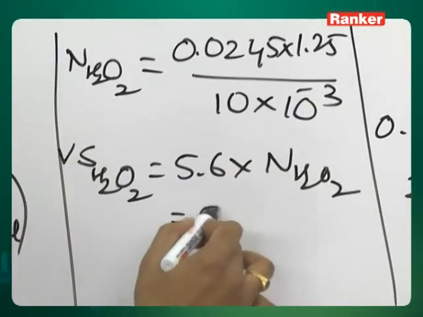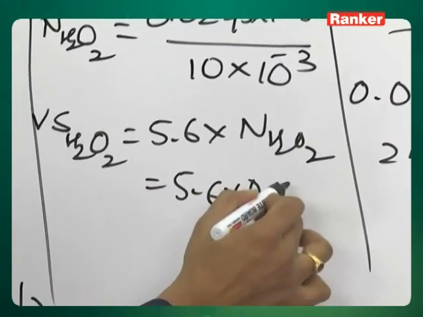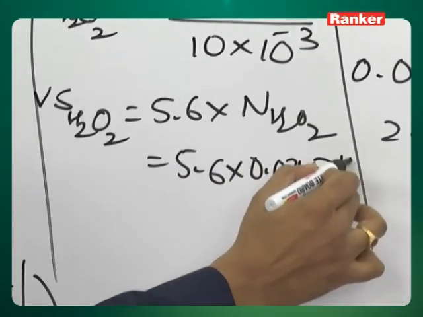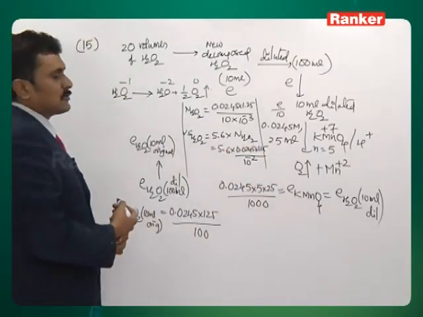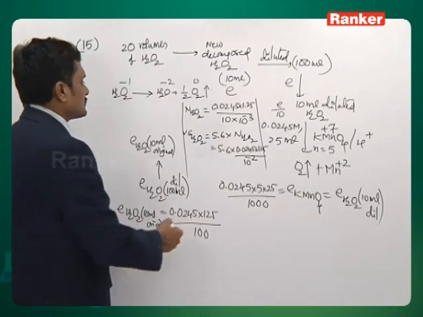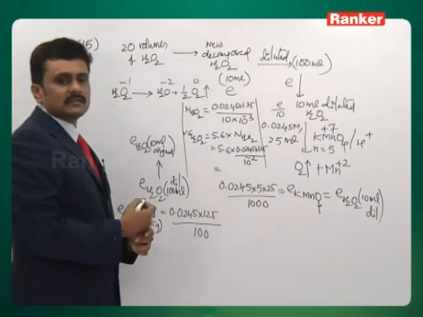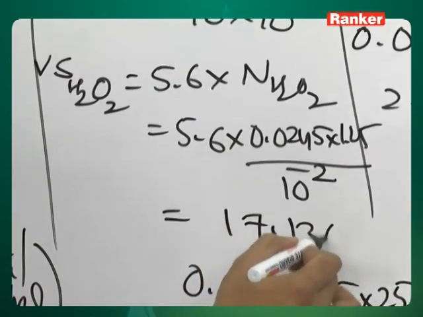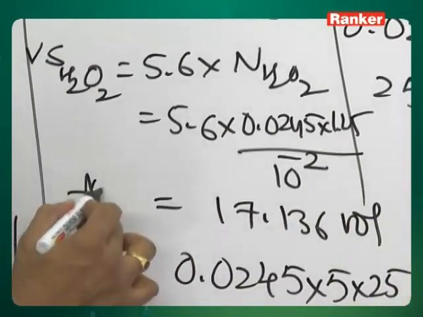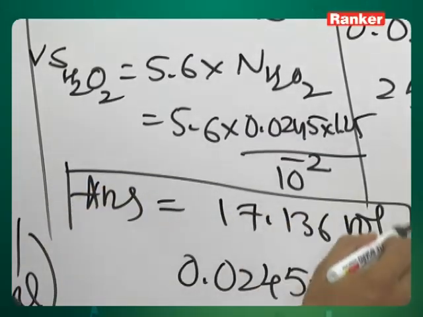Hence when I multiply that entire value with 5.6, I am going to get my answer. I mean to say the volume strength of H2O2 finally is obtained as 17.136 volumes. You can see here it has decreased, and the answer for this question is 17.136 volumes.